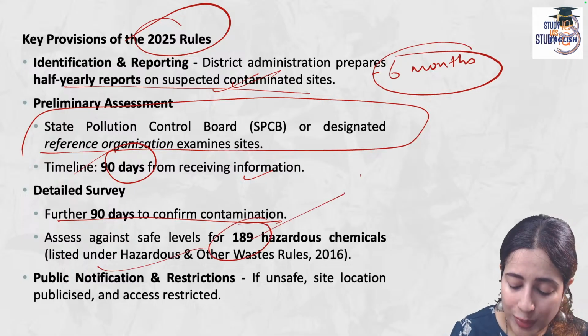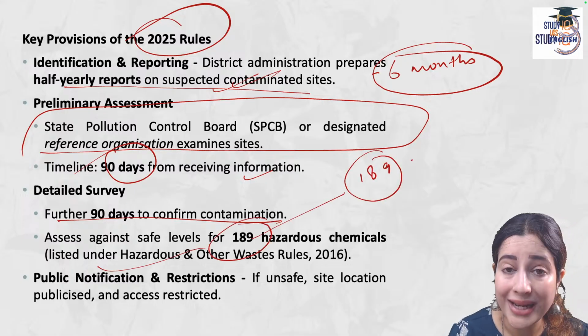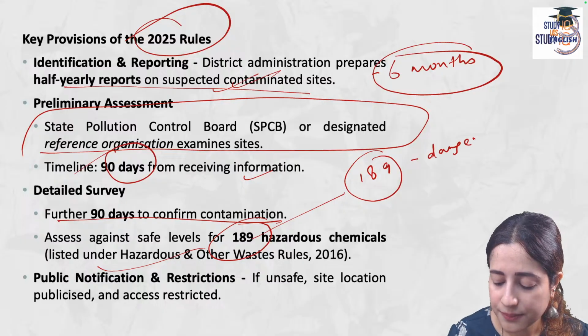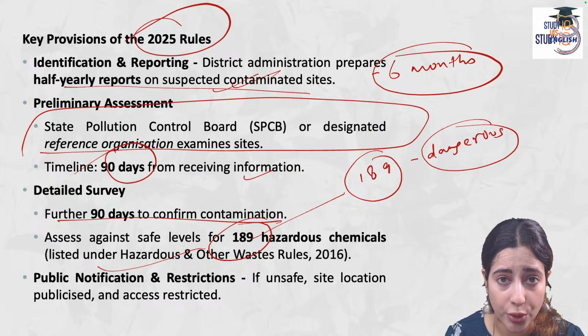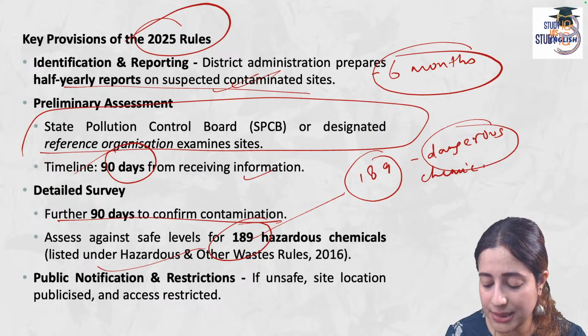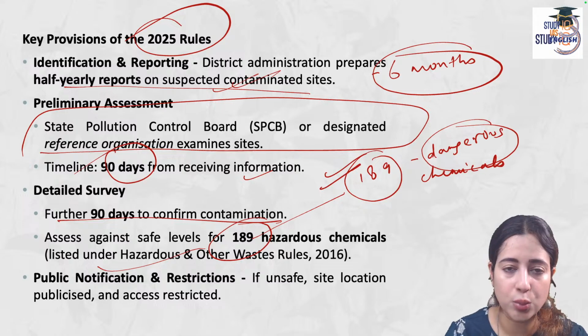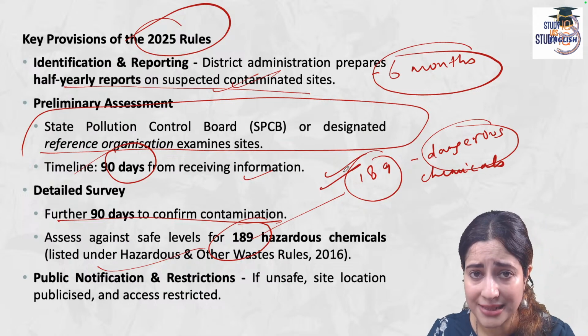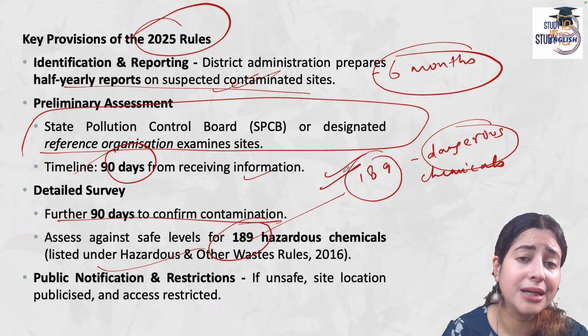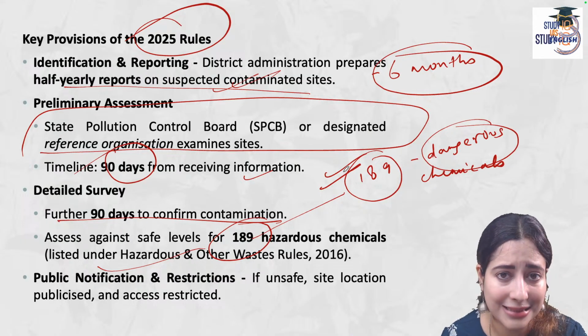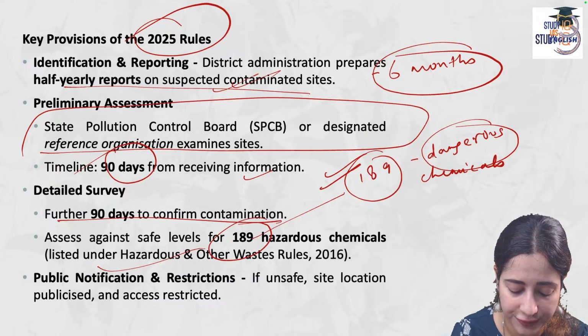Then the government will submit a list of 189 dangerous chemicals. This panel, which is investigating, or the State Pollution Control Board, will have to see whether these sites contain any of these 189 chemicals or not. If yes, immediate action has to be taken. If not, further investigation will be done regarding what chemical has been creating the contamination of that site.